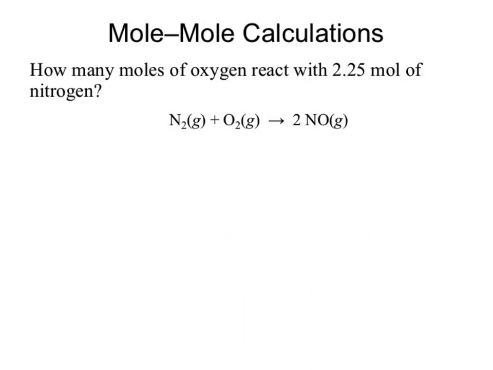So, do it. How many moles of oxygen react with 2.25 moles of nitrogen? So, when we go through to solve this, how many moles of oxygen react with 2.25 moles of nitrogen? Step 1.